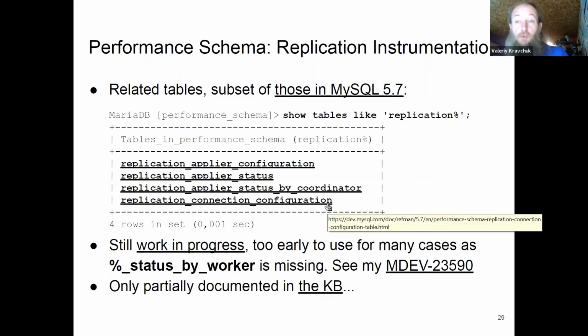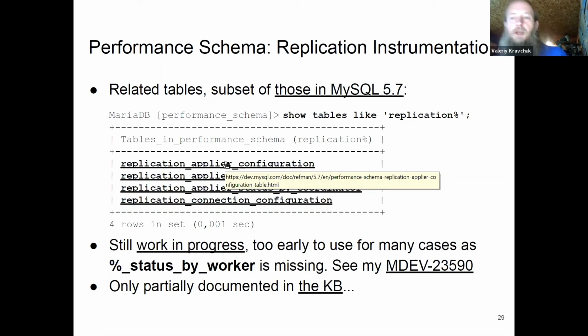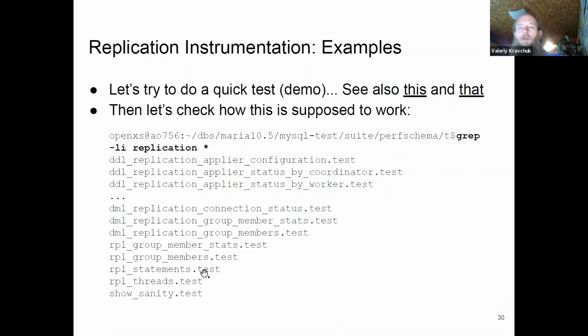So you can surely check these tables. I have links, you can read the direct match, but without this one, I would say it's not so interesting. If you are interested in how it's supposed to work, I will give you a hint. One of the ways to find out how a new feature works or is supposed to work is to check the related tests.